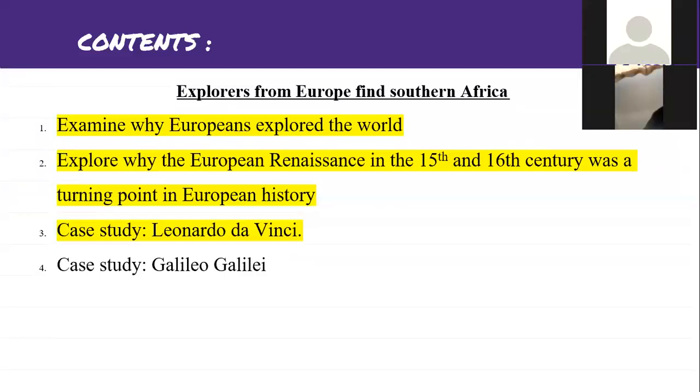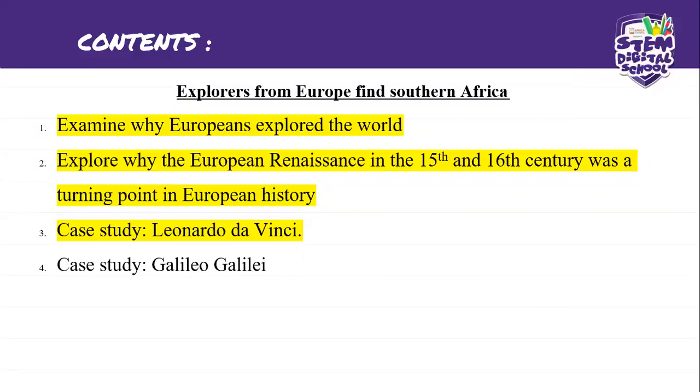They wanted to know about other places, and they wanted to spread their ideas around the world. They also invented new technologies, and trade also became important during the time of Renaissance, okay?